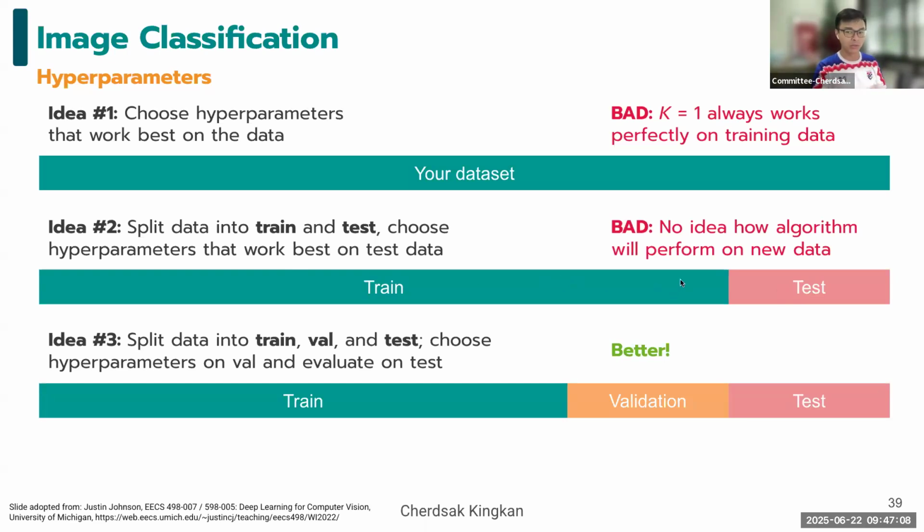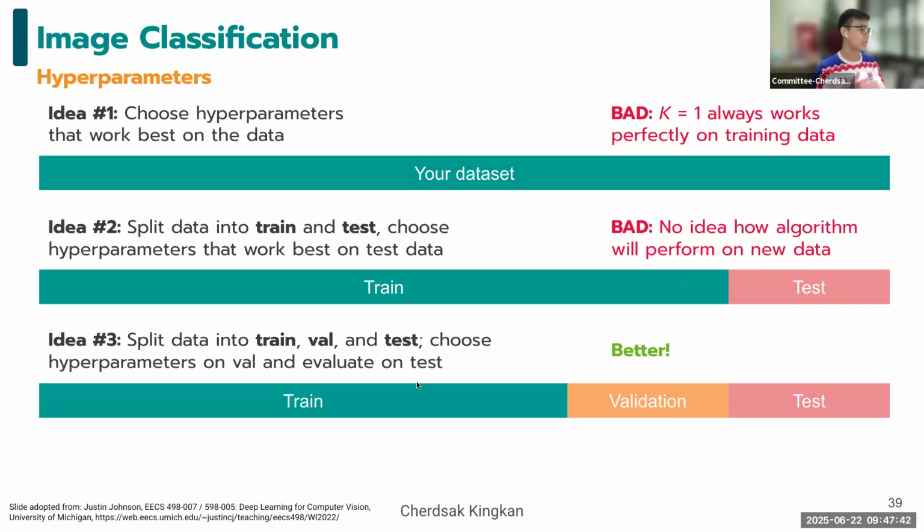But when we choose which hyperparameter, like which distance matrix we're going to use, and which number of K we are going to pick for our models to deploy, we are choosing based on the test set. So this is a bad idea because we never know how it is going to work on data that it has never seen before. All right. So for K nearest neighbor, this is a bad idea.